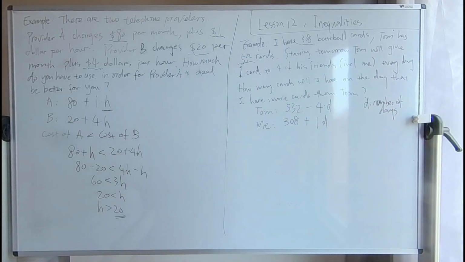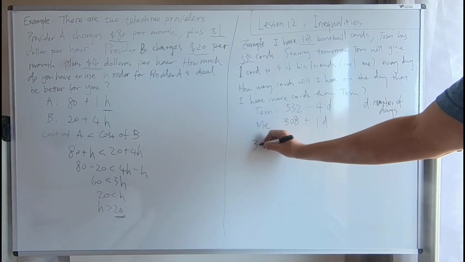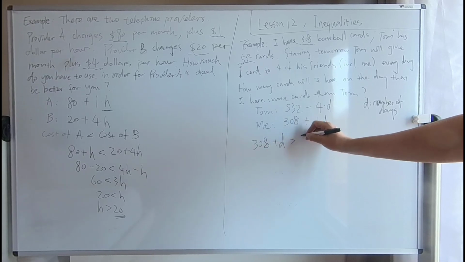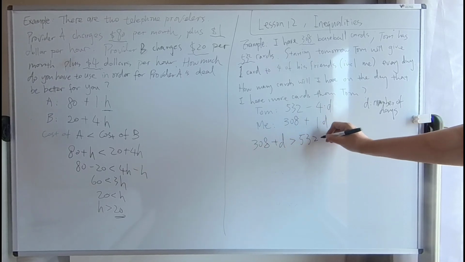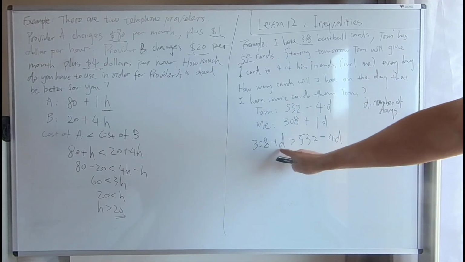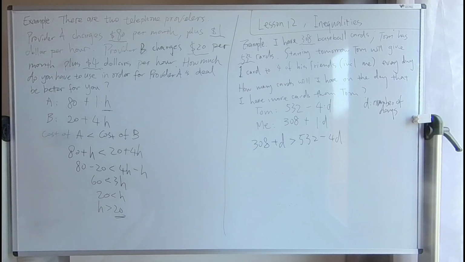Even though I don't yet know the value of d, I know that I'm looking for the day that the total number of my cards is greater than Tom's cards. So I'm solving for d to make this inequality true.